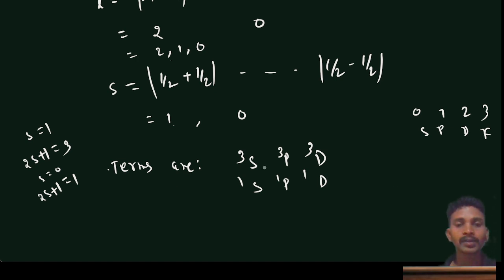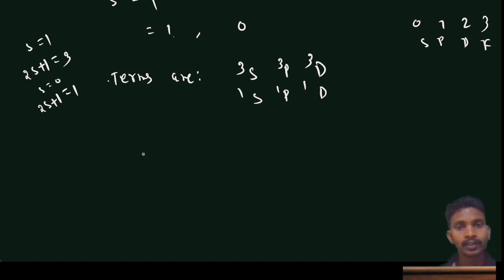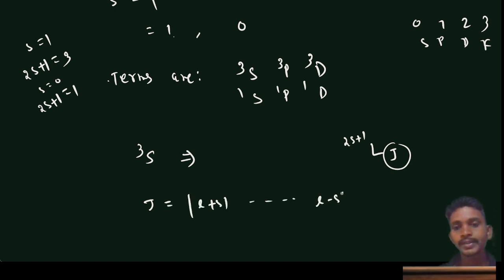Okay, now from these terms, if you want to calculate the term symbols, let's say the 3S term is there. Now we want to calculate how many term symbols are there. For the term symbols we know we need L, 2S plus 1 and the J value. So J is L plus S down to L minus S. That is simply, we have to use the L value and the S value.